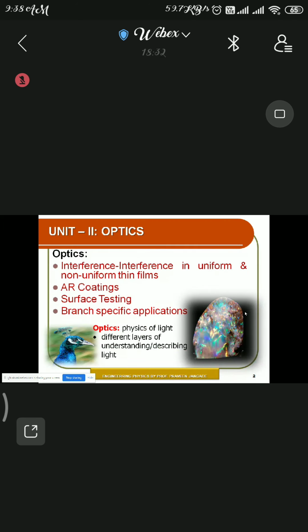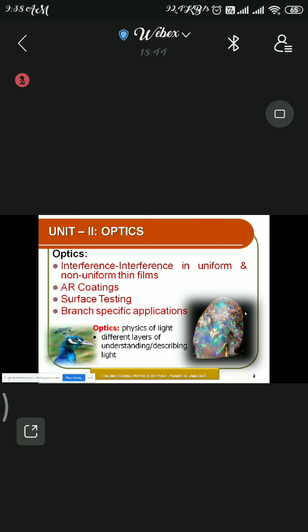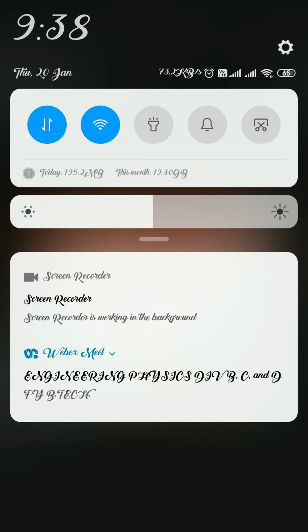Okay, so once again we'll just revise quickly, and then we'll move to today's topic. So we have started with unit number 2, that is optics. So what does optics basically mean? Optics is basically the physics of light. Under it we can study the different ways of understanding or describing light.